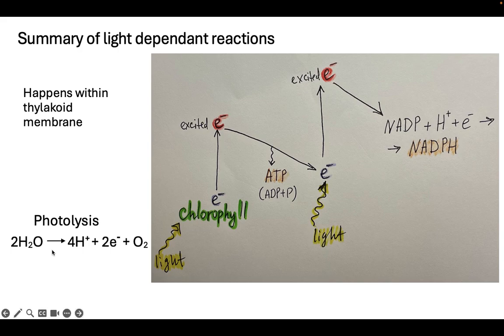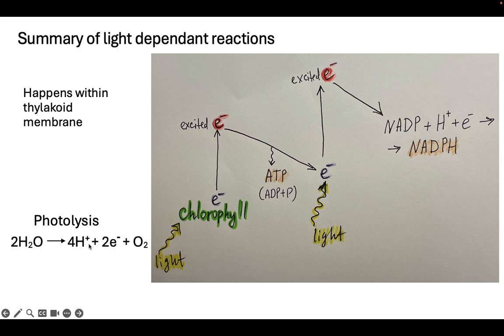But hydrogen splits further into electrons and the nuclei basically, or in terms of chemical formula, it's H+.